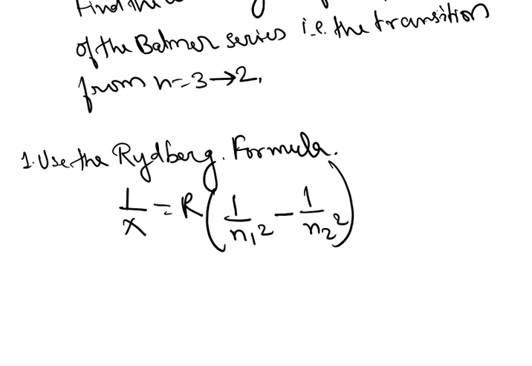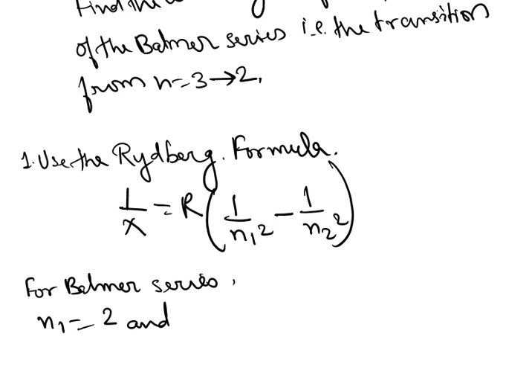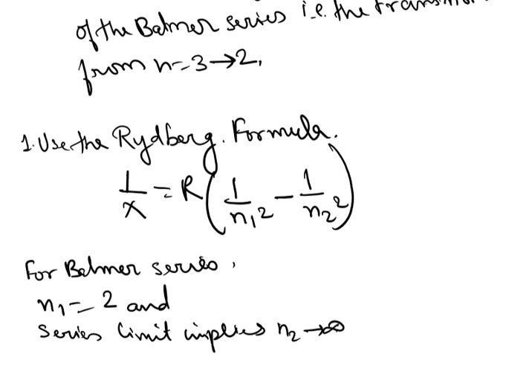So for the Balmer series, n1 equal to 2, and series limit implies n2 equal to infinity.